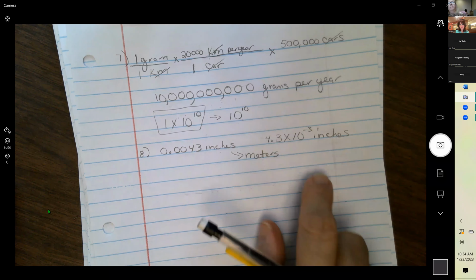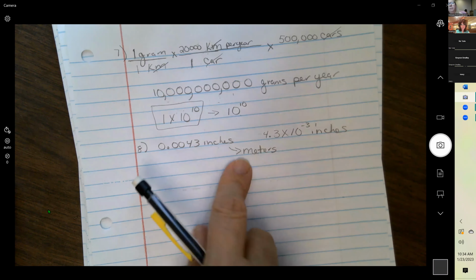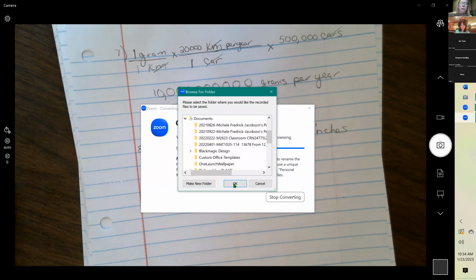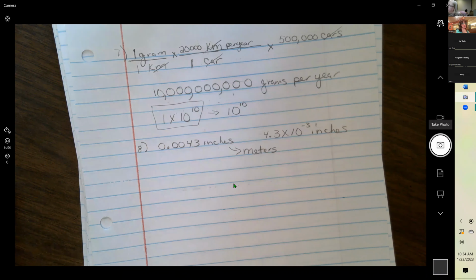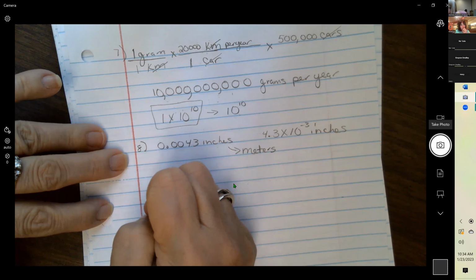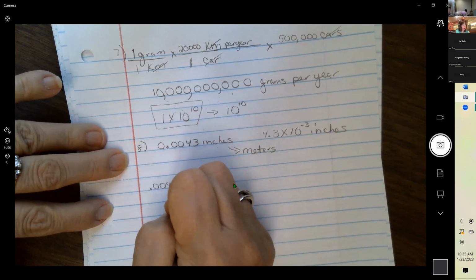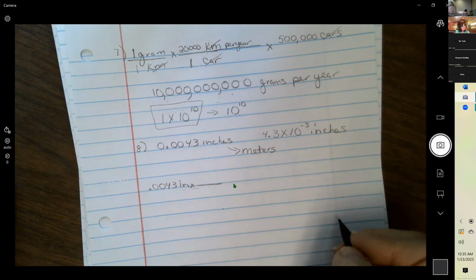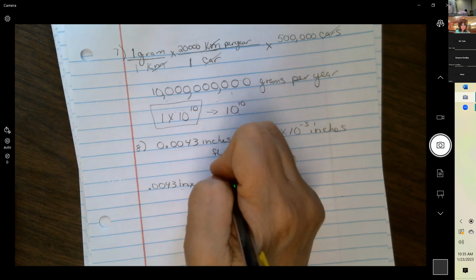Okay, so this is scientific notation for inches. Let's convert to meters first. I don't know inches to meters, but I know inches to feet, and then I know feet to meters. So you want to think how you can convert it. I can go from inches to feet to meters.